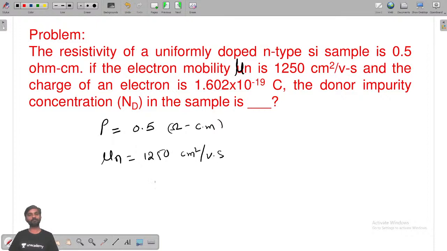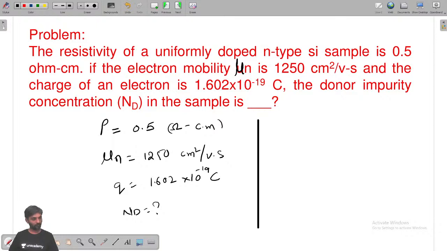He has given the Q value, 1.602 into 10 to the power of minus 19 coulombs. And what is he asking? He is asking for Nd.